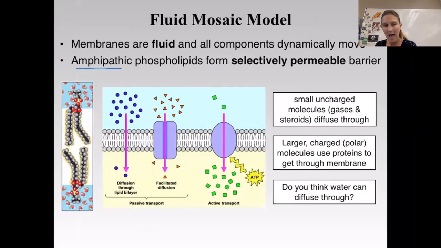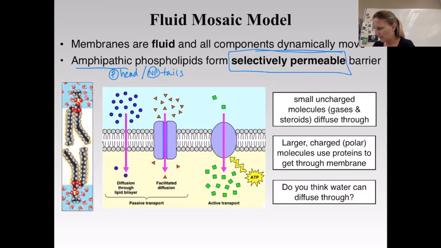These amphipathic phospholipids, and again, amphipathic meaning we have a polar head and nonpolar tails, form the selectively permeable membrane, meaning some things can get through, other things can't, right? If you ever have to describe a plasma membrane on a test, on an AP test, or in my test, use that word. So here is just kind of a molecular drawing of those phospholipids.